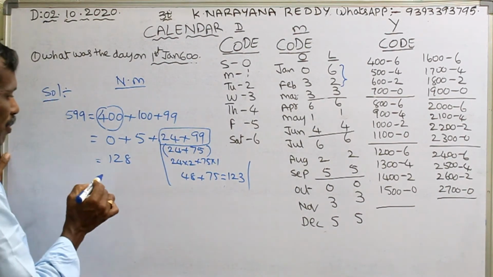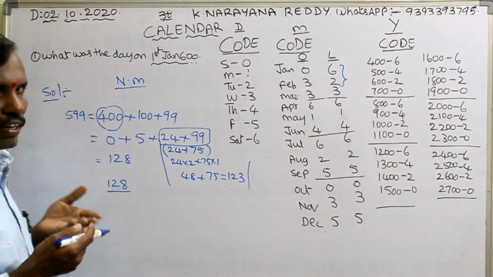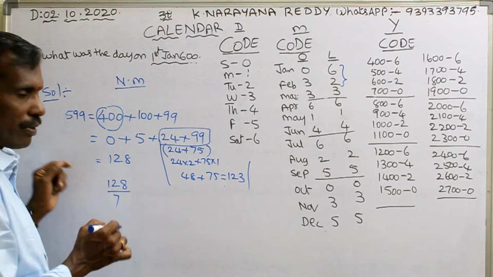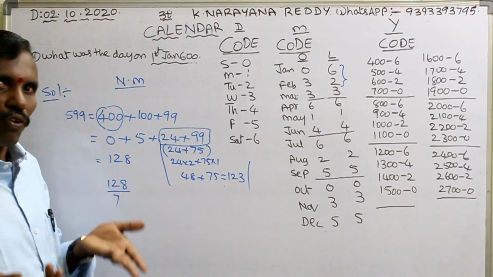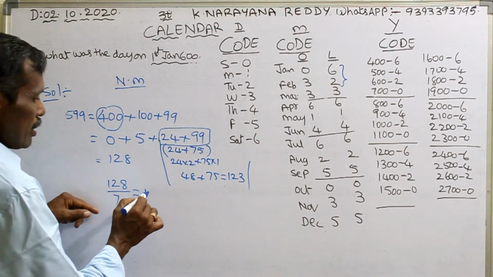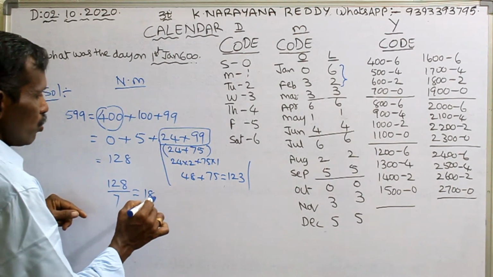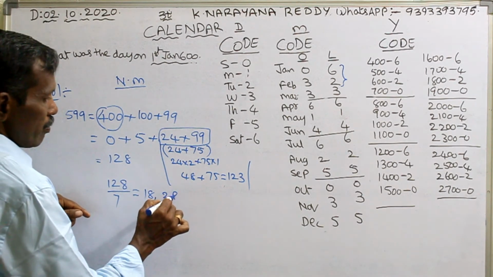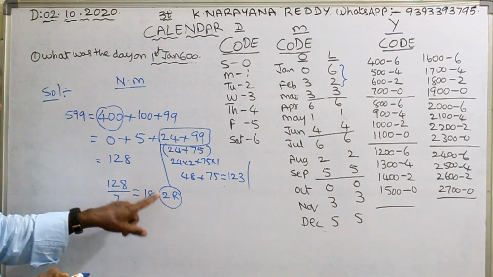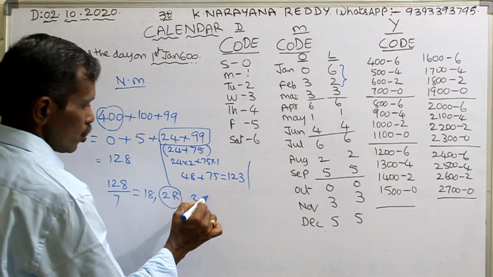Now you divide by 7. Why? Because we want odd days. Whenever you want odd days, divide by 7. When we want the leap years, we divide by 4. Now, 5 remains, 2 remains. 2 is the remainder, this is the quotient. Now, this is up to 599 years completed: 2 odd days.